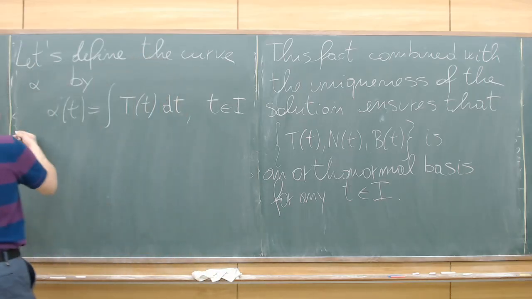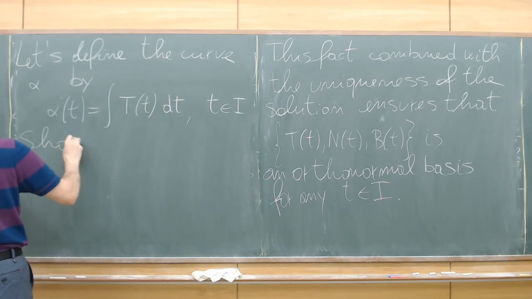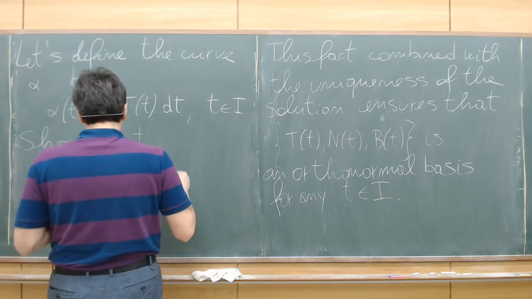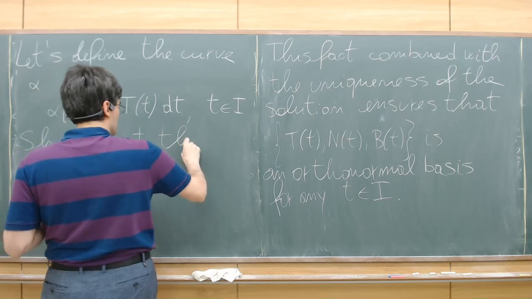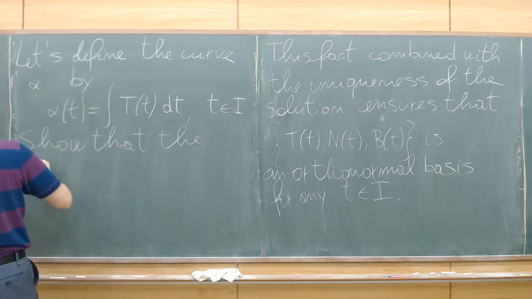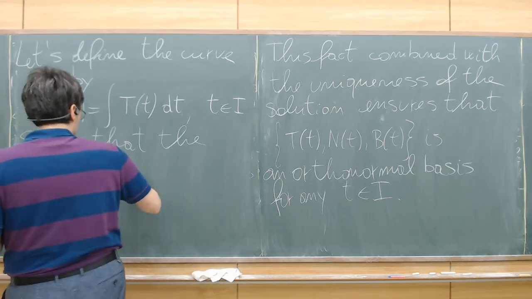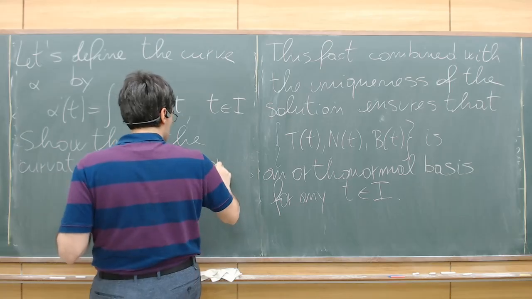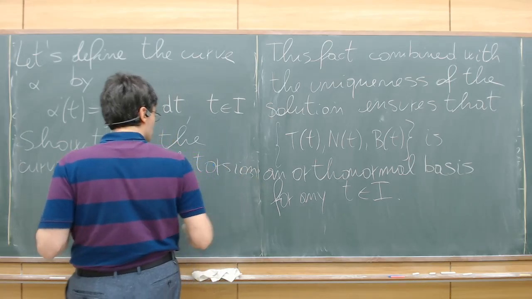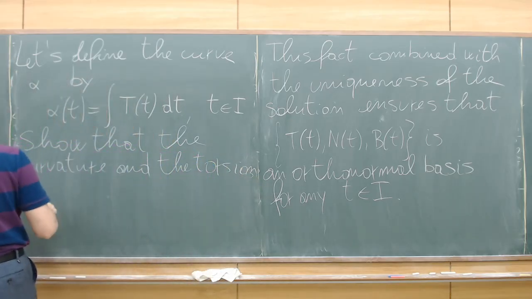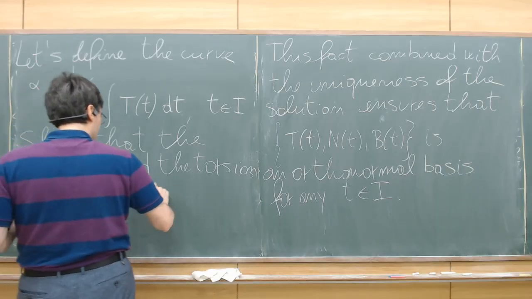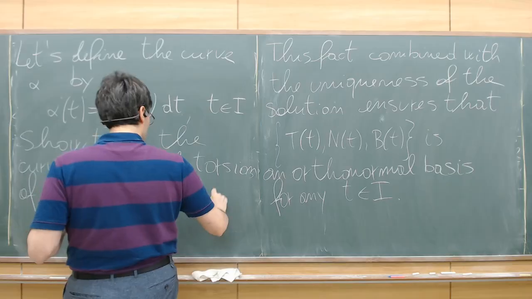It remains to show that the curvature and the torsion of alpha equal k and tau.